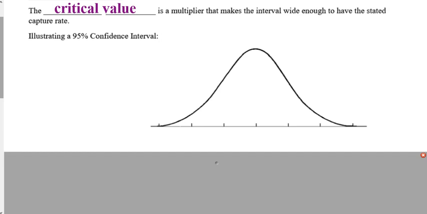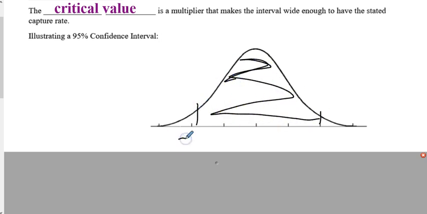We said it's within about 2 standard deviations. Okay, so you count out plus 2, and technically it's a little bit short of that. Okay, and it's this area here. Technically it's negative 1.96 and positive 1.96 based on our chart. Rounded about 2 to negative 2. That's about 95% of the curve right there. Technically 1.96 to negative, but approximately 2 to negative 2.